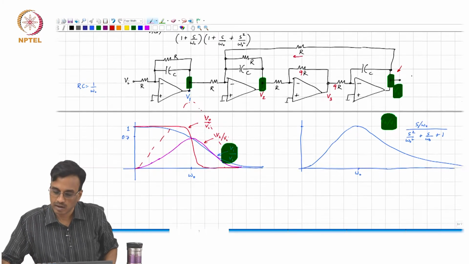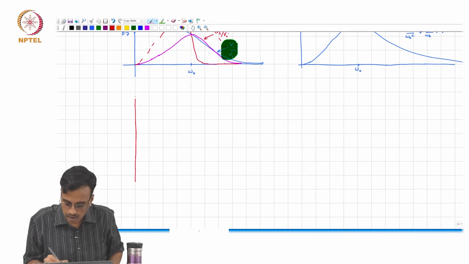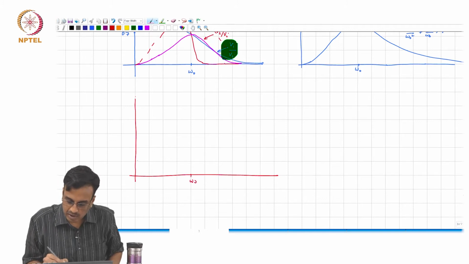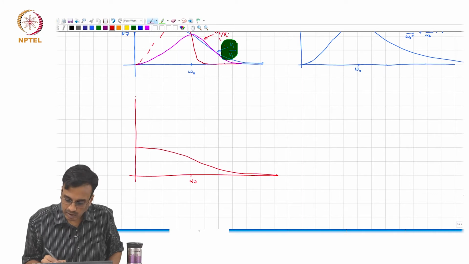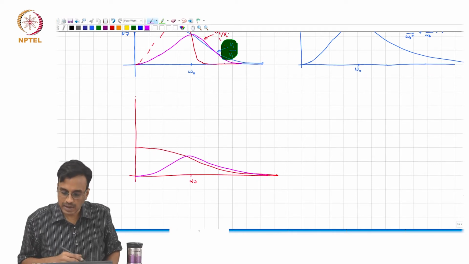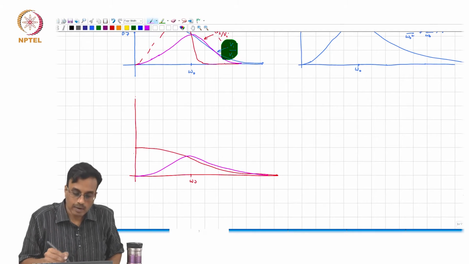So, let me draw a cartoon. In other words, if this was the original transfer function of V1, something like this, V2 was something like this, V3 was something like that, and V2 was the same thing. Now, what happens?